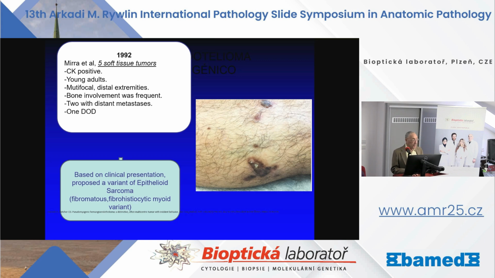He found that there were cytokeratin positive tumors in young adults, and it involved multifocally distal extremities and frequently involved bone. At this time, he described 2 with metastasis, so it can be with malignant behavior.